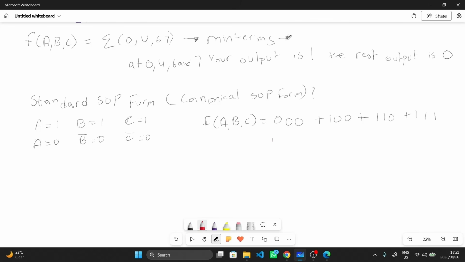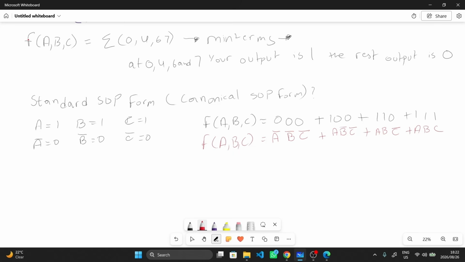So when it's 0, that is A complement, B complement, C complement, plus A, B complement, C complement, plus that will be A, B, C complement, and everything A is, there's no complement right here, plus B. So now this becomes our standard form, right?